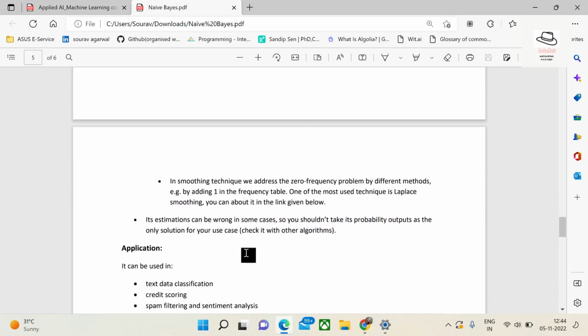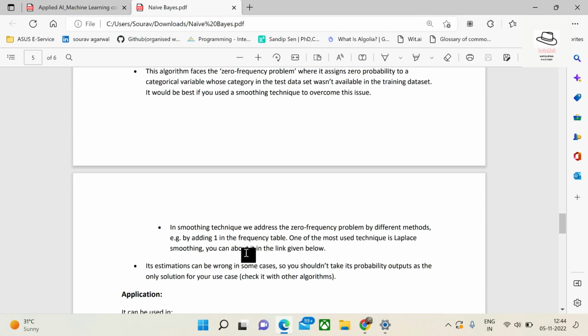Another disadvantage is, sorry, it's not a disadvantage, rather one of the fixes to the zero frequency problem is smoothing. What we do is, for all the categories that are present, we assume that there is one additional value for that category present.